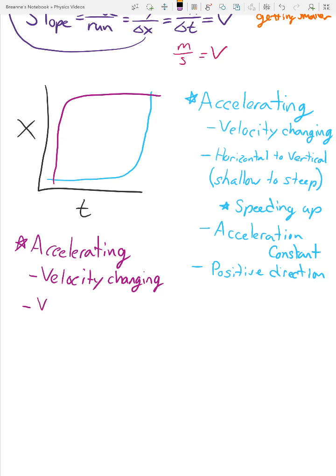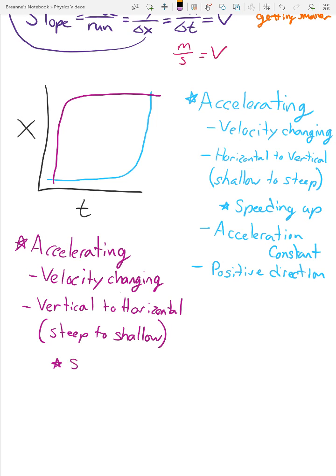It's going from vertical to horizontal. Or another way to look at it, it's going from steep to shallow. So that means it is slowing down.